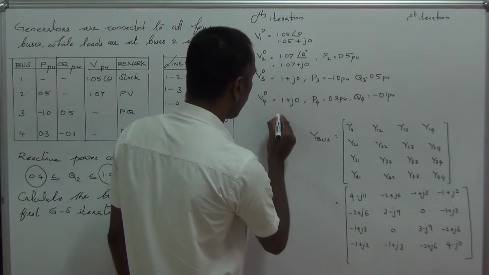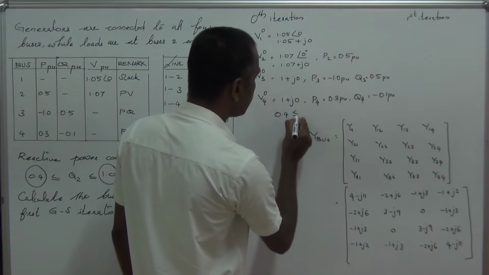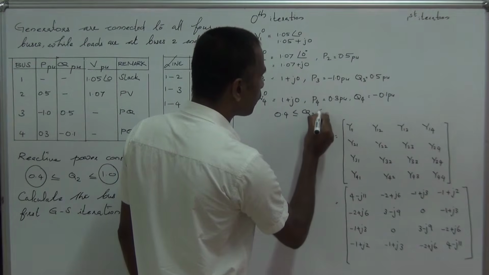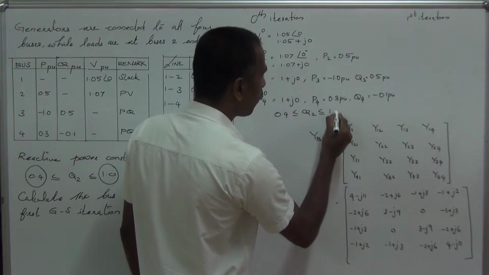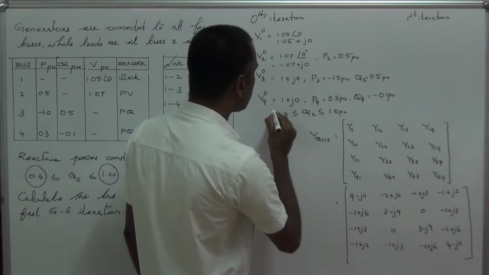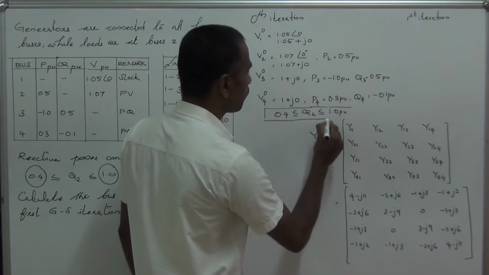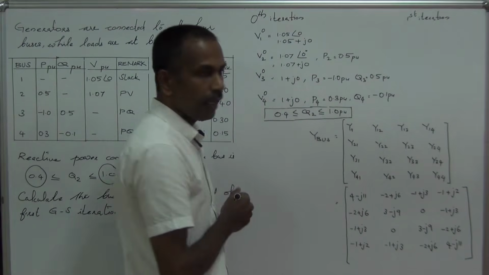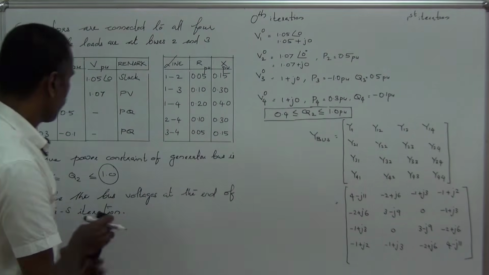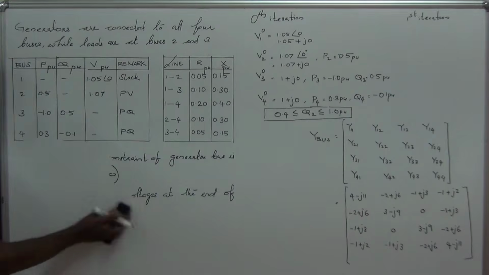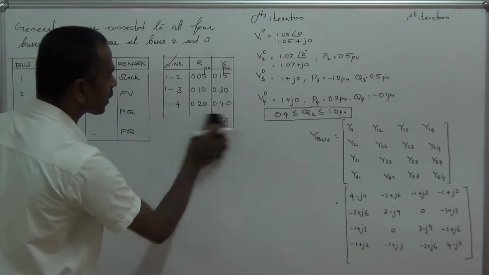This is 0.4 less than or equal to Q2 less than or equal to 1 per unit. This is the reactive power constraint at this second bus, because the second bus is a PV bus or a generator bus or a voltage controlled bus.